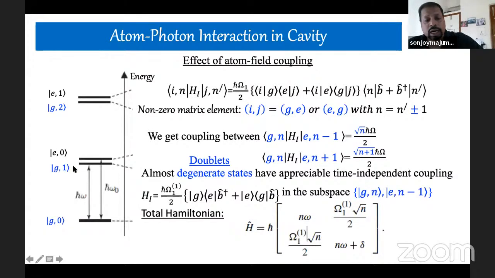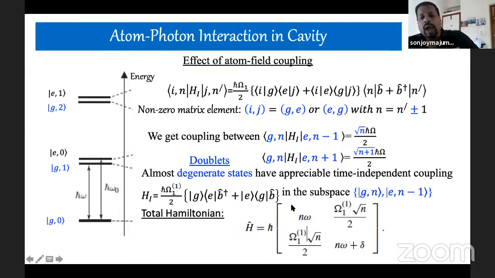If you consider what would happen, the total Hamiltonian will have ħ times, n is 1, so it is ω. And the other state, |E,0⟩, will have nω plus Δ. n is 1, so it will be ω times ħ plus ħΔ. Δ is a detuning frequency. So what you got, the diagonal terms, are from the uncoupled system energy eigenvalues.